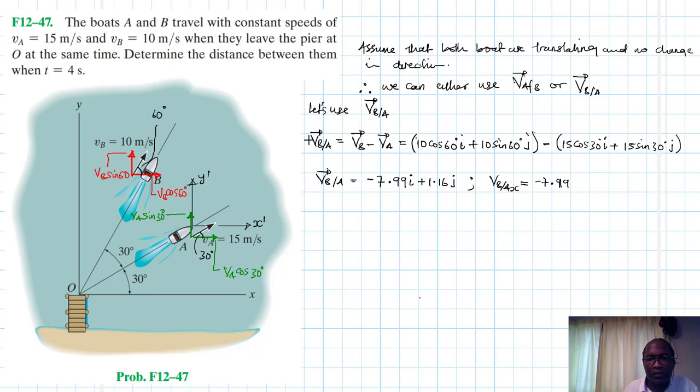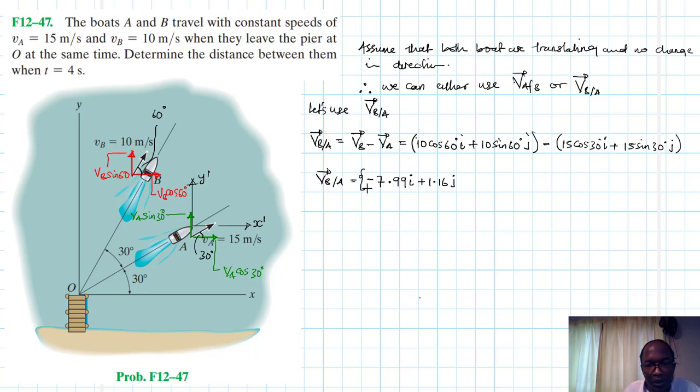Let me just go through this again. 10 sine 60 minus 15 sine 30. Okay, it's fine.